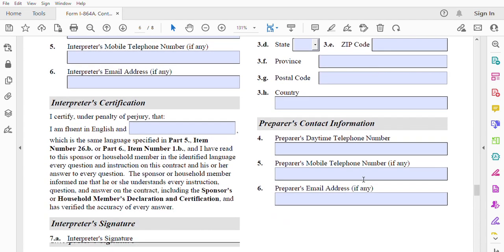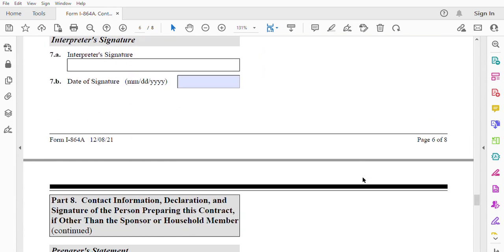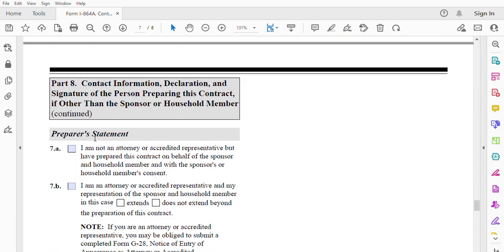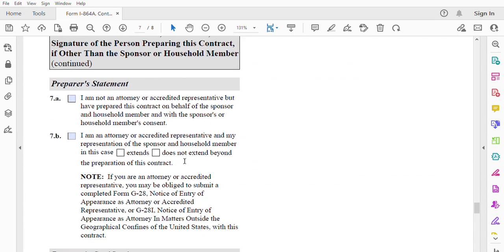So we did not use any preparer. So we're gonna go to preparer statements. For the preparer, he's gonna check the one that applies for him, 7A or 7B.